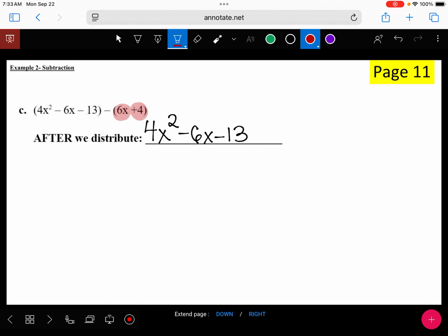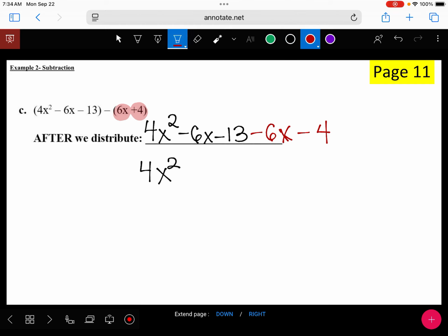So positive 6x, that's going to flip to a negative 6x. And a positive 4 flips to a negative 4. So there's only one term that's x squared. So this is going to stay.